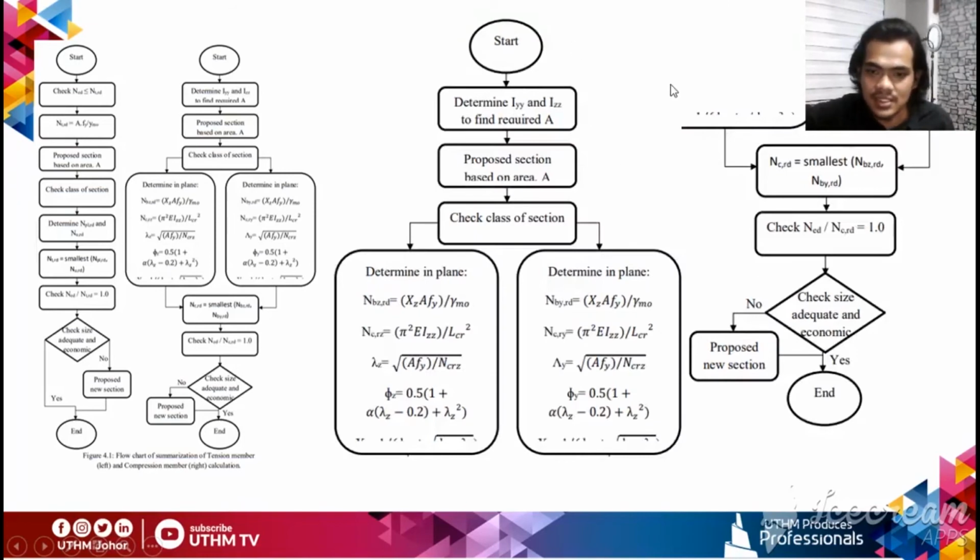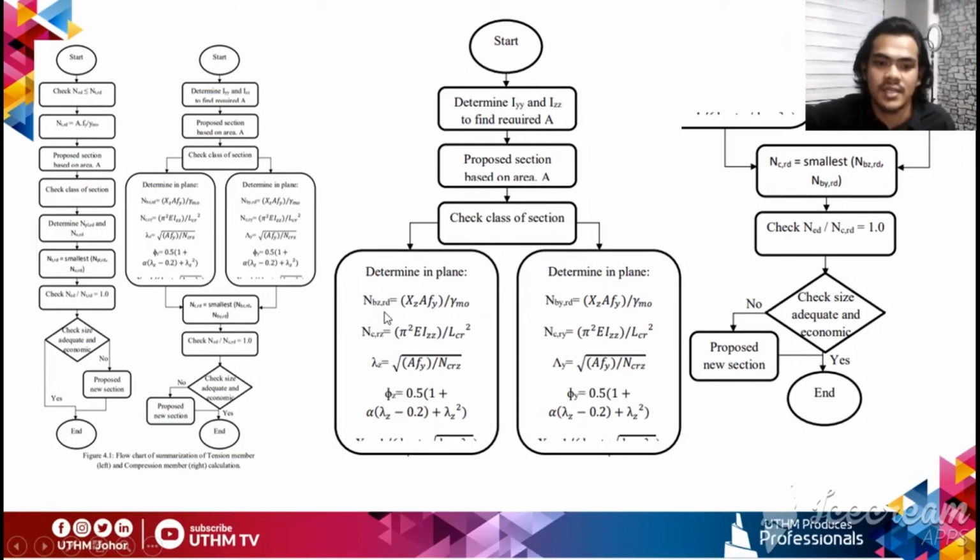For compression, it's the same steps, which is determine IYY and IZZ to find required A, and then we propose section based on A, check class of section, and then we determine in plane and out of plane buckling.